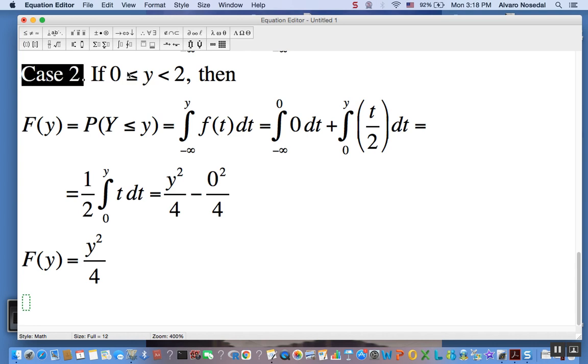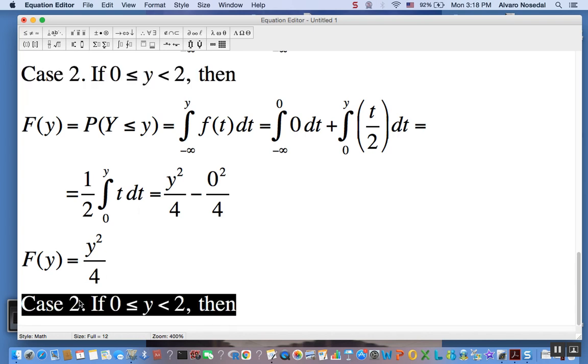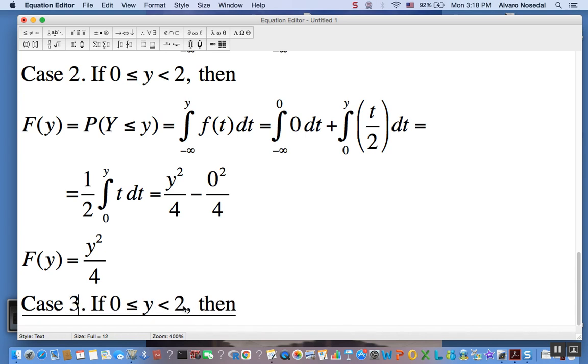So case number 3, let me write it down like this. Case number 3, between 2, including 2, and infinity.